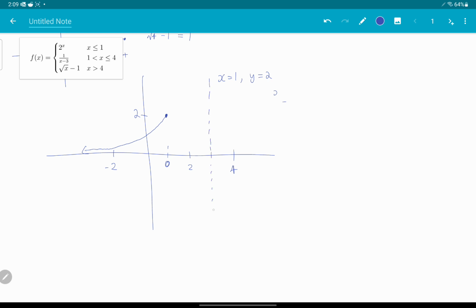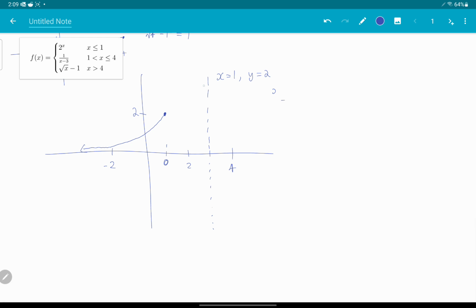And then I have my vertical asymptote here. So my function is going like this. Oops, no, I screwed this up. Because remember the hyperbola is going like that. Oops, like that, right? So I want to take this arm and put it right there. Like so.